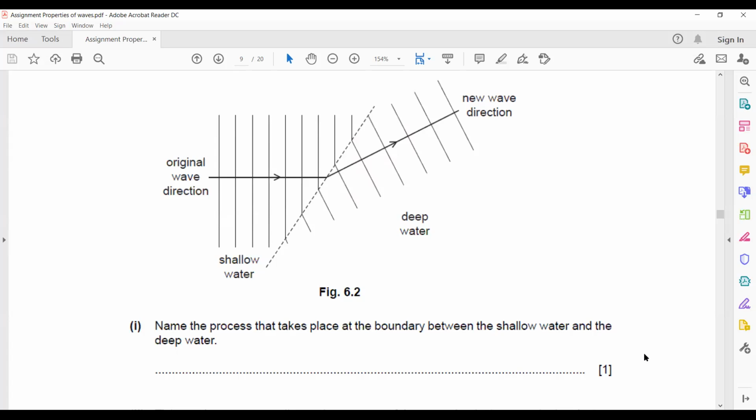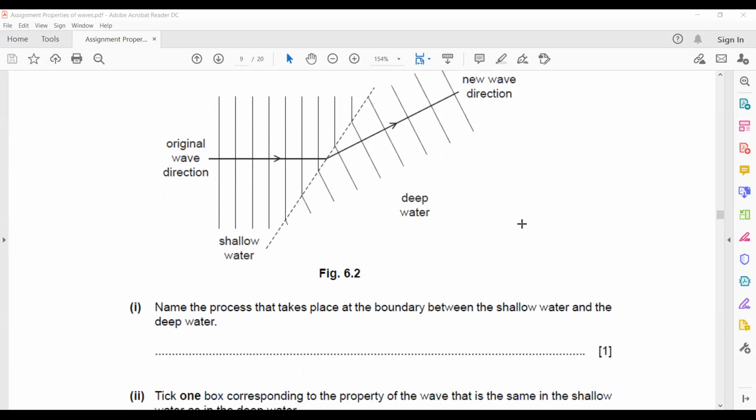What happened? When a wave moves from one medium to another and changes speed, what do we call it? This phenomenon is known as refraction, not diffraction. It is the property of a wave to travel from one medium to another by changing speed. So refraction occurs.